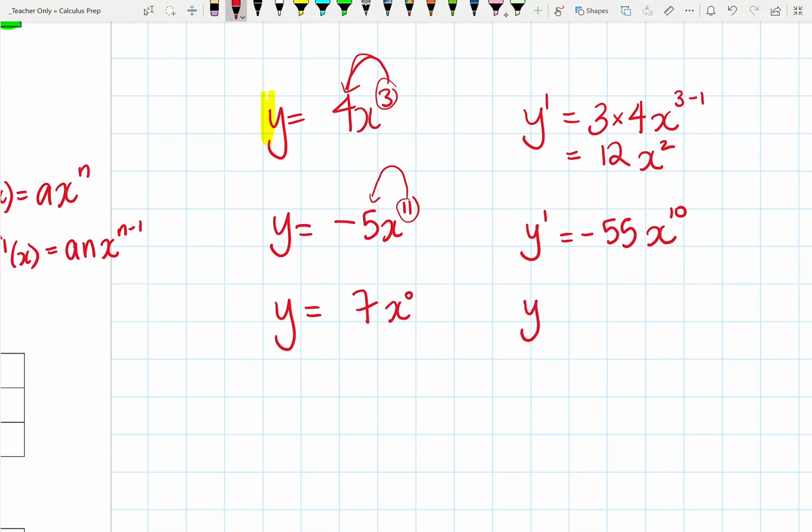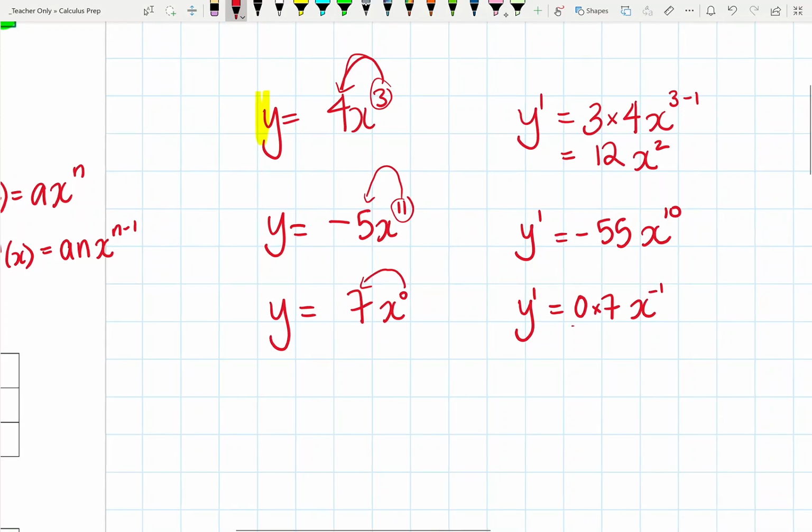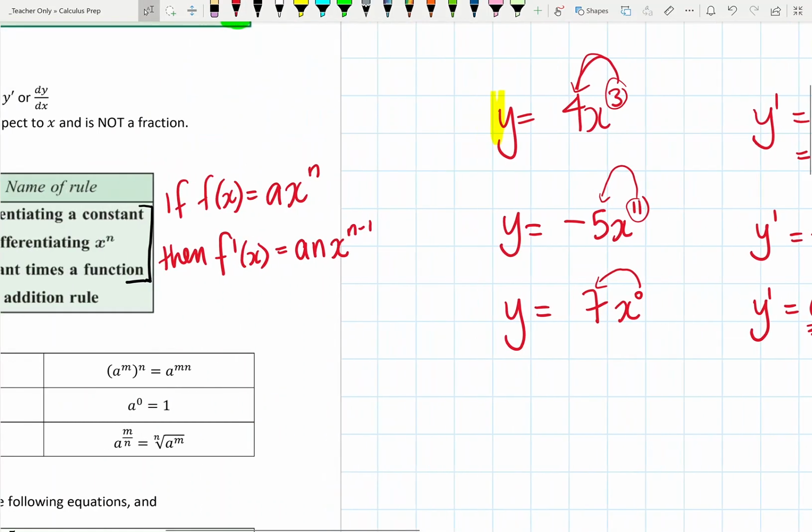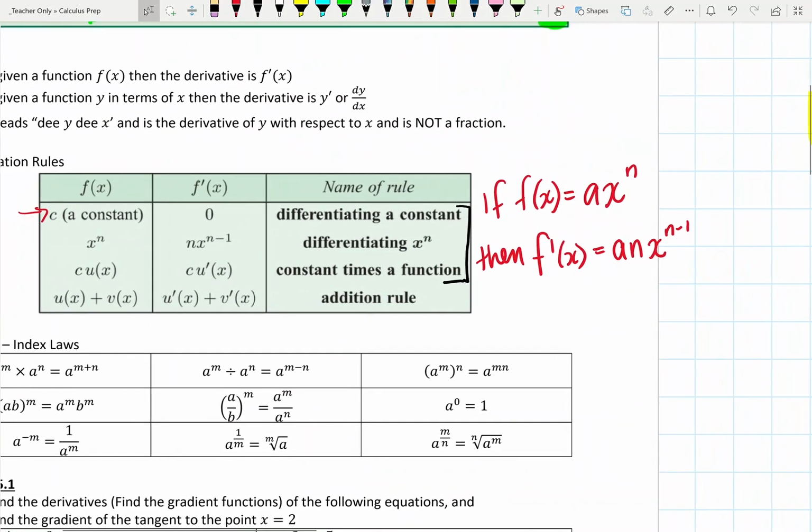So the derivative is going to be the 0 multiplies the 7, x, and then the 0 index decreases by 1 to give us minus 1. But because we're multiplying by 0, the overall result is simply 0. So anytime, and that's the first rule, anytime we differentiate a constant, so some constant called c, it differentiates to 0.